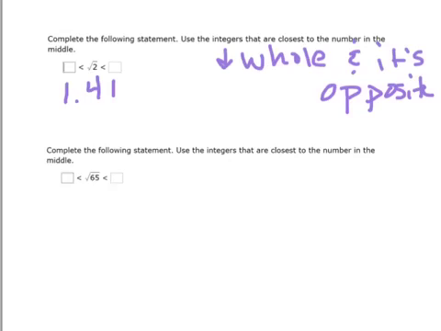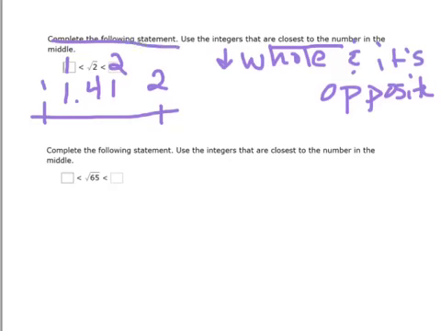So what we have to do is use the integers that are closest to the number in the middle. If this was on a number line, I would have 1 here, and I would have 2 here. So you're going to say 1 is less than the square root of 2, which is less than 2. And that is how you complete the following statement.